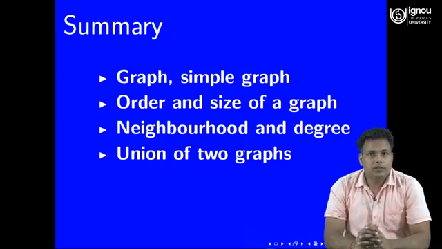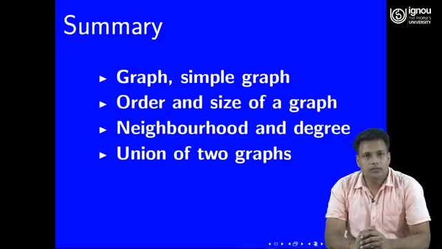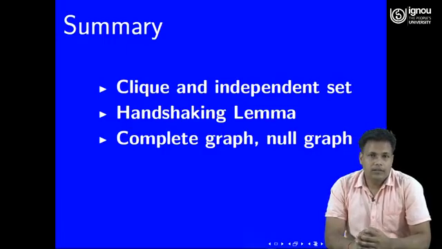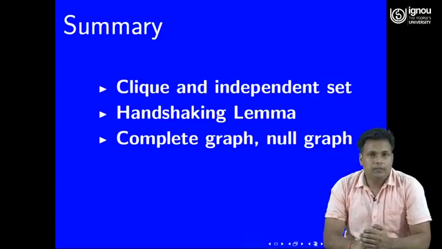For example, we have defined what we mean by a simple graph, what an order and size of a graph are, what neighborhoods and degrees are, how to find the union of two graphs, what cliques and independent sets are, and we have discussed a fundamental result related to graph theory, namely the handshaking lemma. We have also looked at what we mean by a complete graph or a null graph.